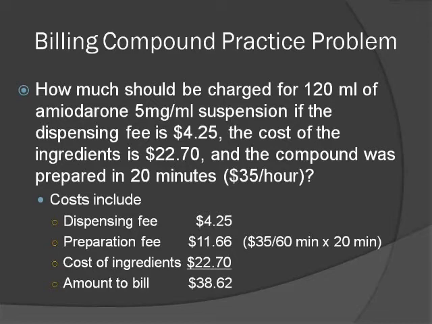Now the preparation fee, you see that it's just a flat rate of $35 an hour. So you will have to do a calculation to figure out what the cost would be for 20 minutes.